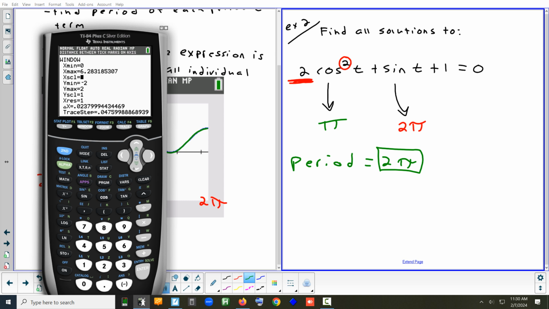Okay, I'm just going to expand that to go from -3 to 3. Make sure I typed everything in right. Hit graph. I should have gone a little bit higher. Let's go up. I'm going to change the y max to 4 because it's right on the edge of the screen.